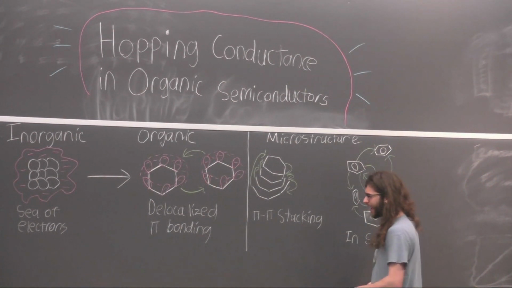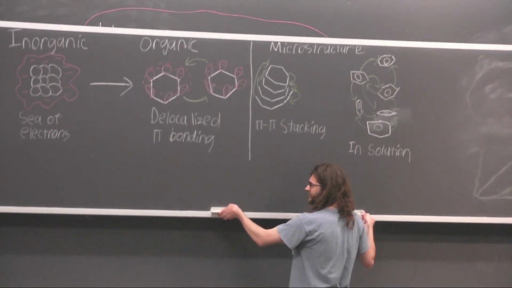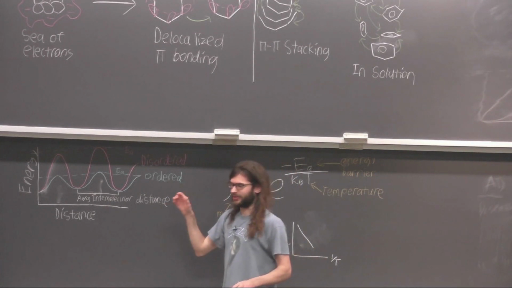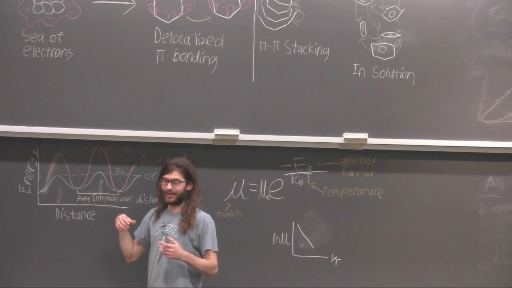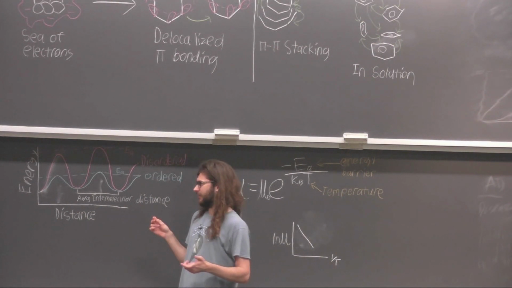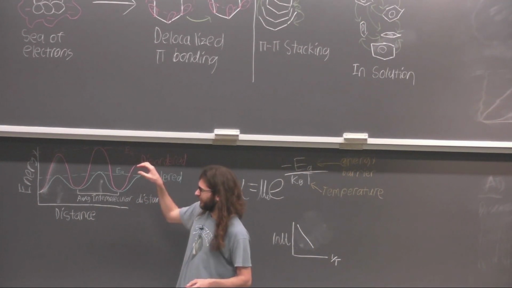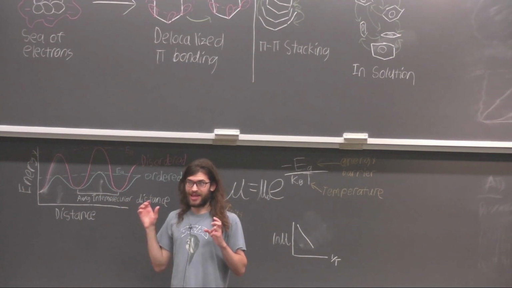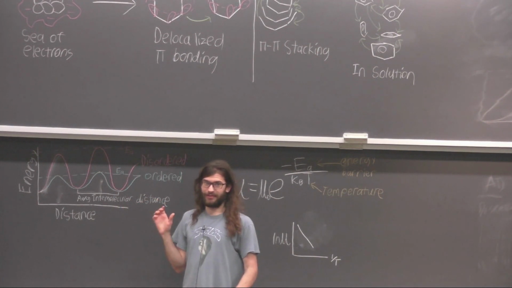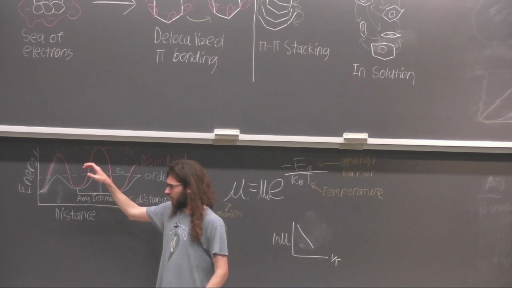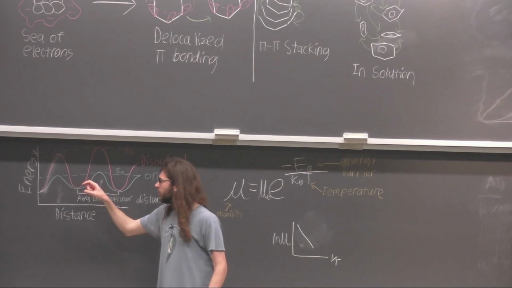Now, the way we describe this graphically is kind of this periodic graph where we have the energy of the carrier along one dimension of our sample. So we can imagine when the carrier is in the pi system of any single molecule, it would be at its lowest energy state.